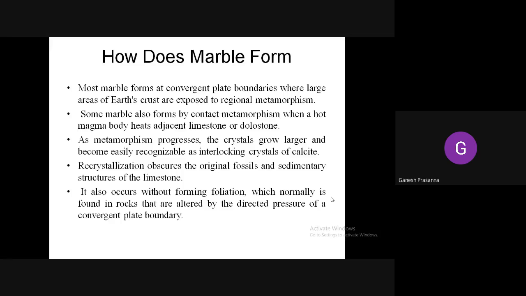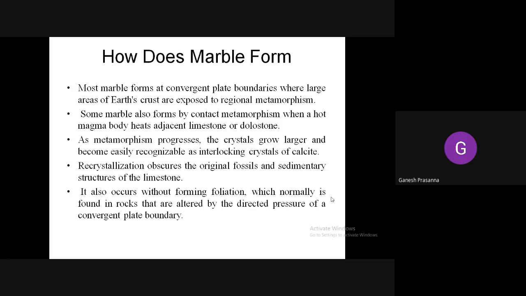Marble is also formed by contact metamorphism when hot magma enters the adjacent limestone or dolostone. As the metamorphism progresses, the crystals grow larger and become easily recognizable as interlocking crystals of calcite.